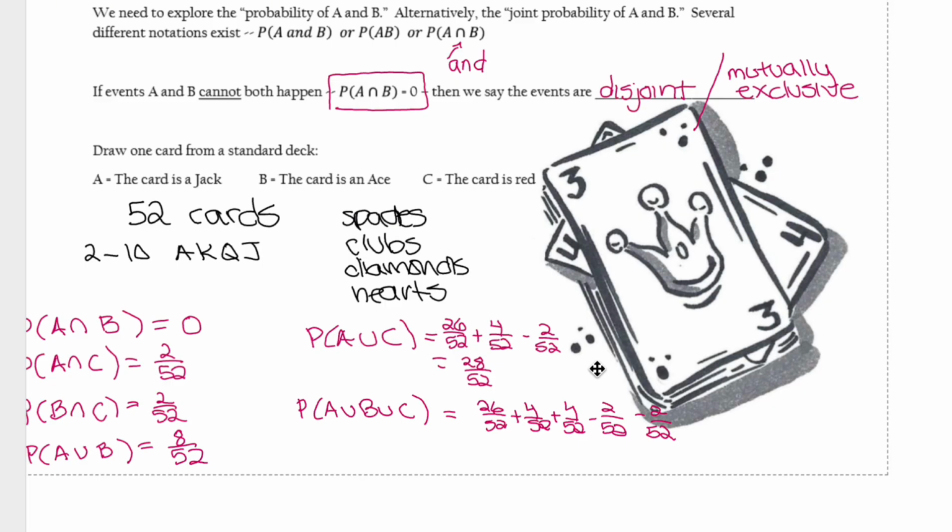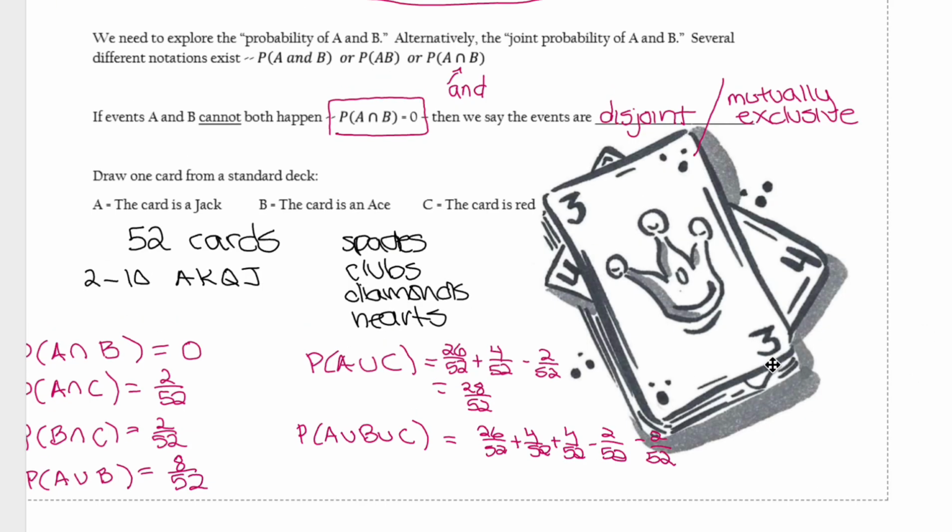There's no triple overlap here, so the total becomes 30 over 52. The key idea here is to count how many cards match the condition, and then divide by 52, which is the total. Be careful with overlap when using OR. If you remember one thing, remember this: AND means overlap. OR means combine, but subtract the overlap.